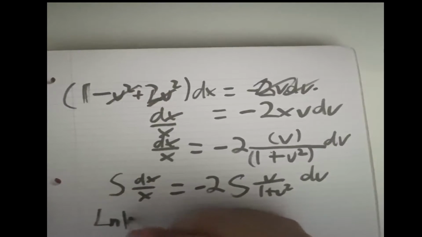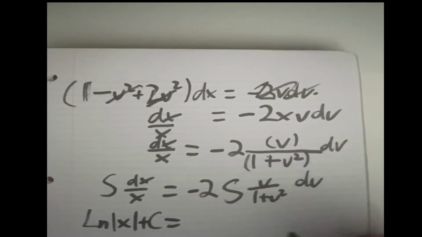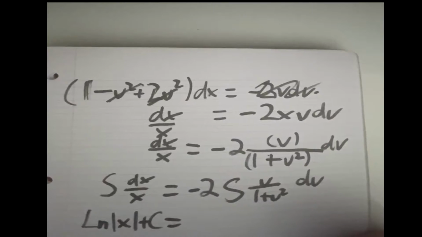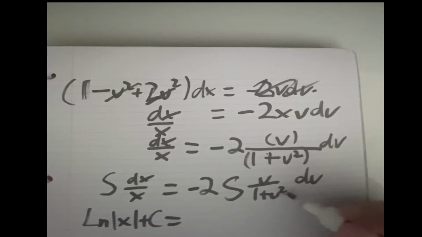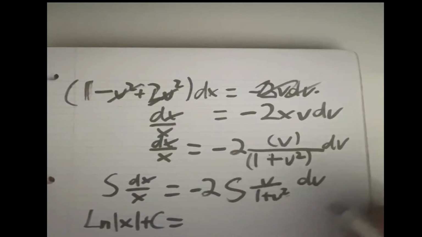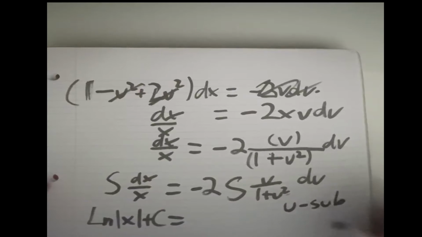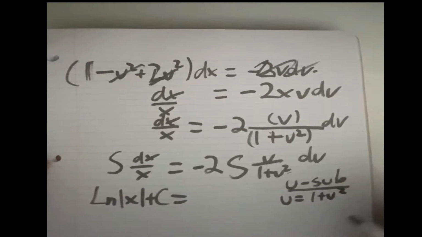The natural log of x plus c is equal to, in this case we have to apply a u substitution, because we notice that the exponent on the bottom is greater by exactly 1. So we're going to apply u substitution. Our u is equal to 1 plus v squared.